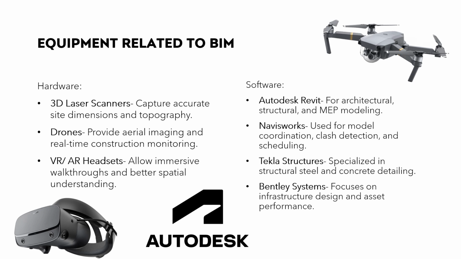And lastly, VR and AR headsets that allow immersive walkthroughs and better spatial understanding. As for the software, some of the software that's used is Autodesk, Revit, Navisworks, Tekla Structures, and Bentley Systems. And I'm sure that most of us are familiar with at least one of these software.